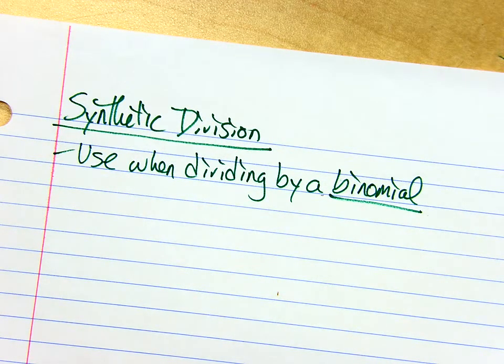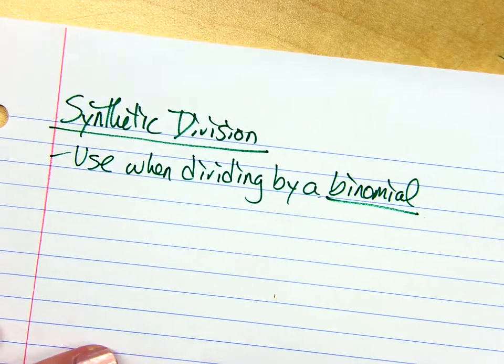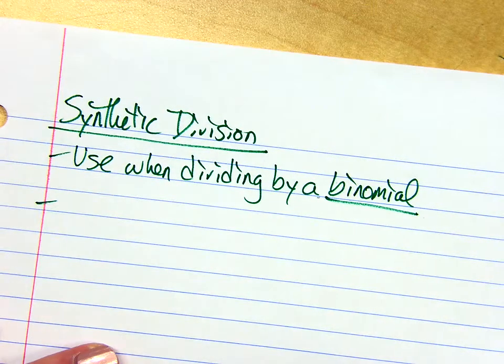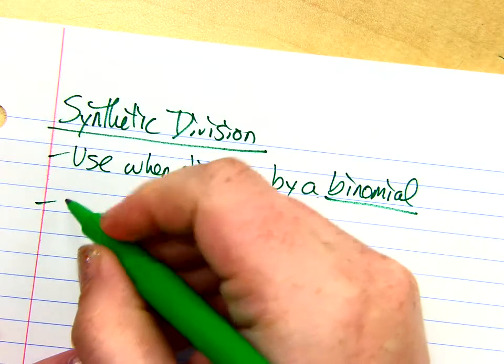And the other thing that you have to pay attention to is if the binomial you're dividing by, if the leading coefficient is not 1, you have to make it be 1 by dividing every term by that same number. So let's throw that in there. I'll do an example in a bit.